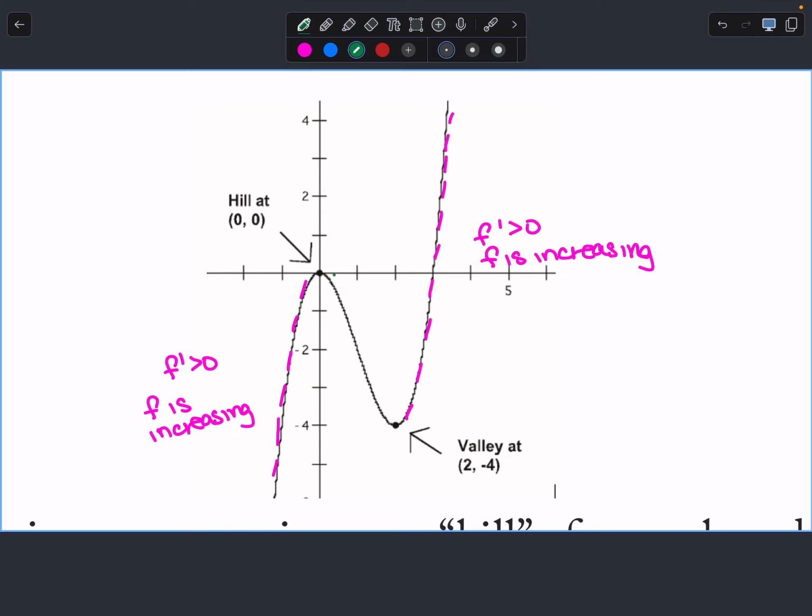If I drew tangent lines in the middle, we would say that f prime is less than 0, so f is decreasing.